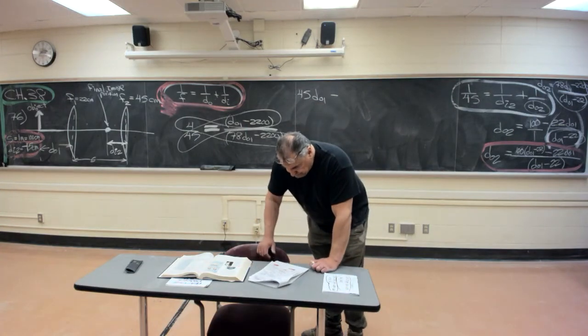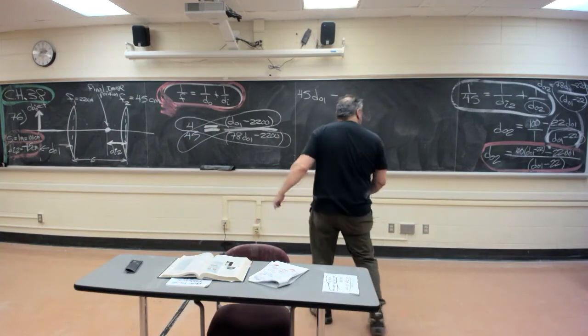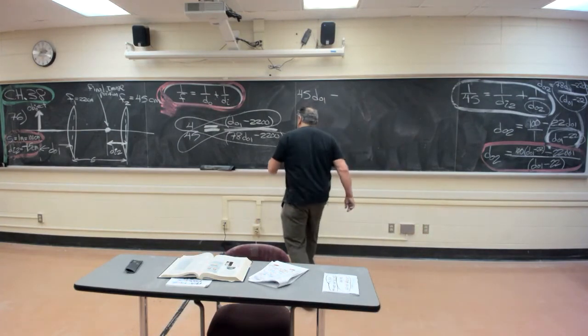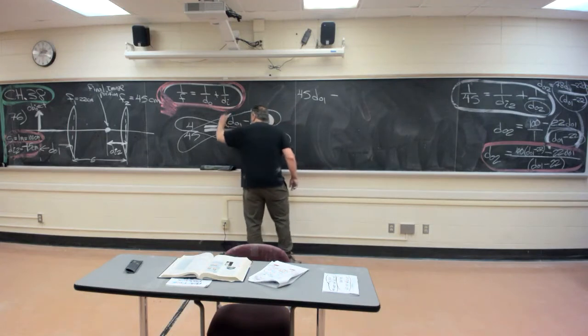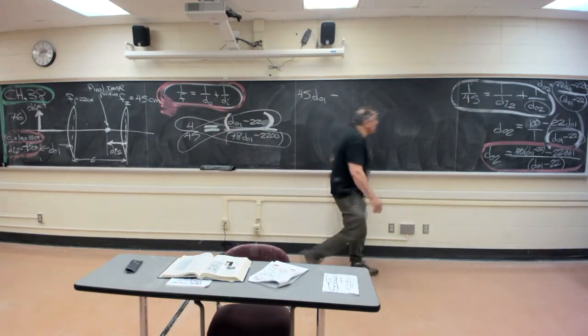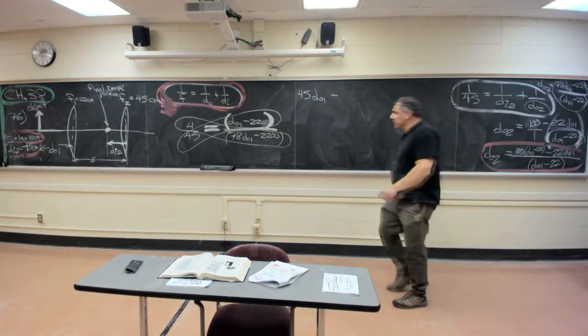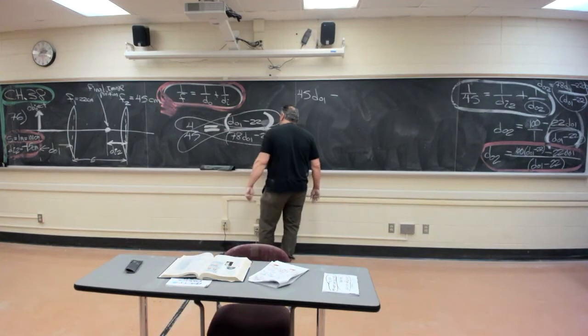Oh, I'm sorry. The DO1 is just this. DO1 is 22. Okay, that's why the numbers weren't coming out. Okay, go ahead. Go 45 times all of this.